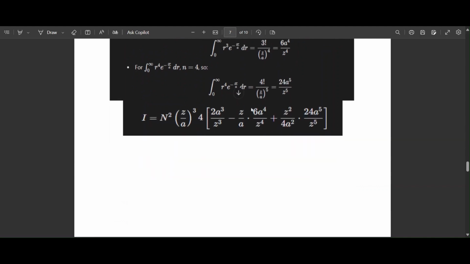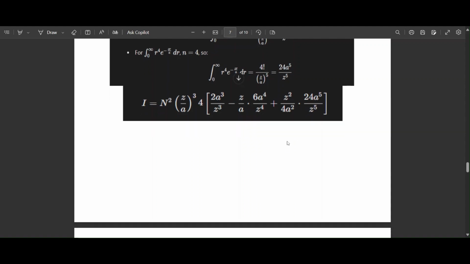Now you can see that this Z will cancel out 1 Z from here, this a will cancel 1 a from here, and the others will cancel 2 Z's and 2 a's, and this 4 will give 6, since 24 by 4 is equal to 6. So we see that in each of these terms we get a cubed by Z cubed, and outside the box we have Z by a whole cube.